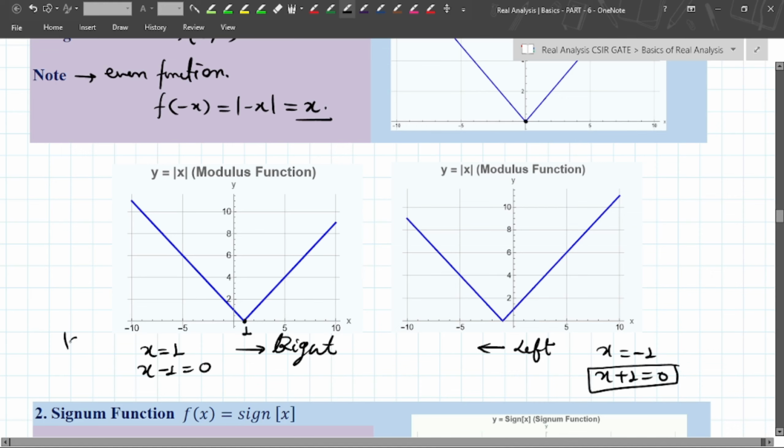So this is mod of x minus 1, and this is mod of x plus 1. So these are the shifts on the x-axis. You can shift by any constant here.